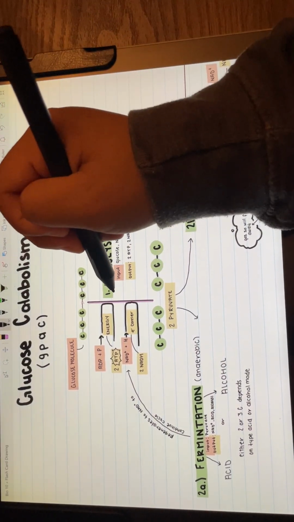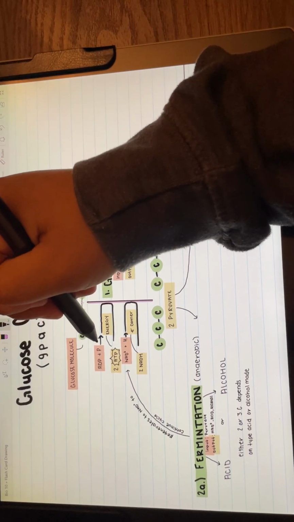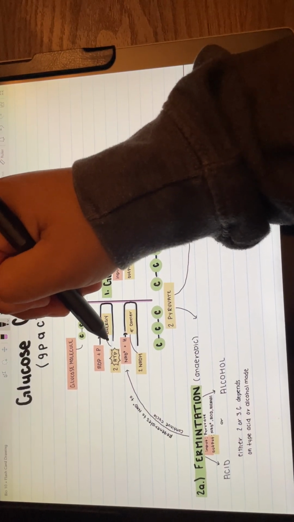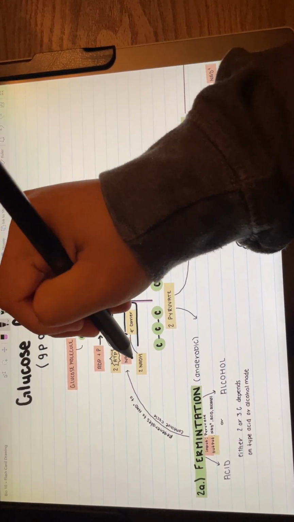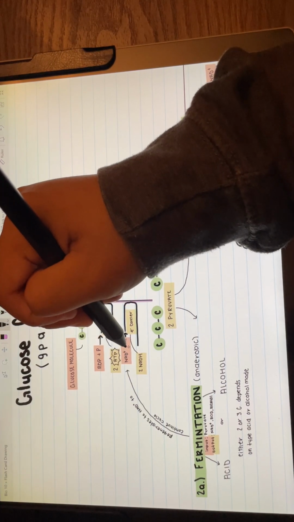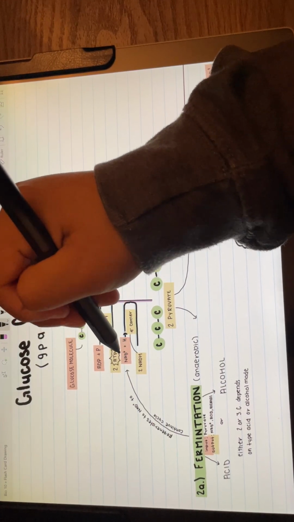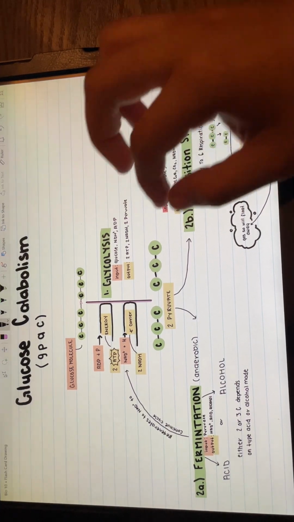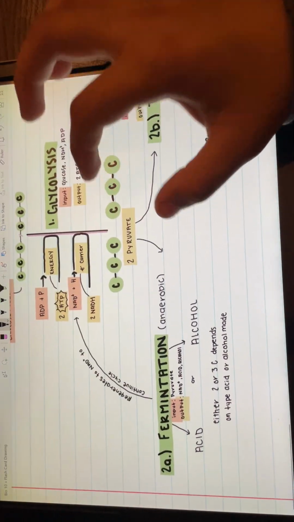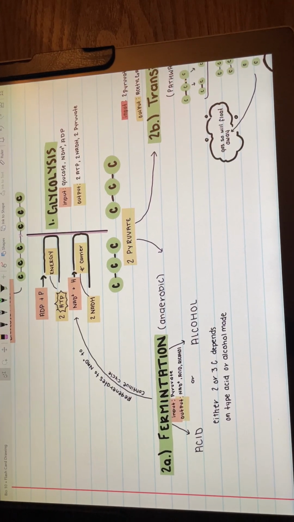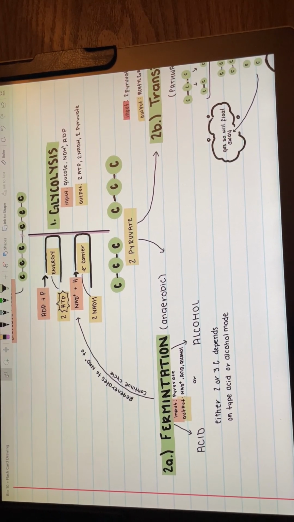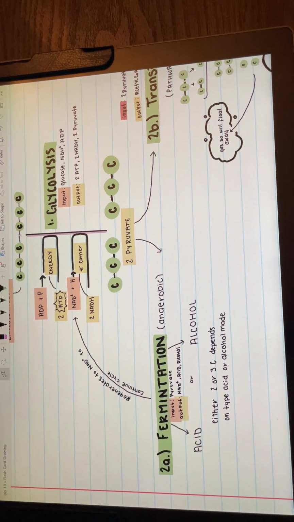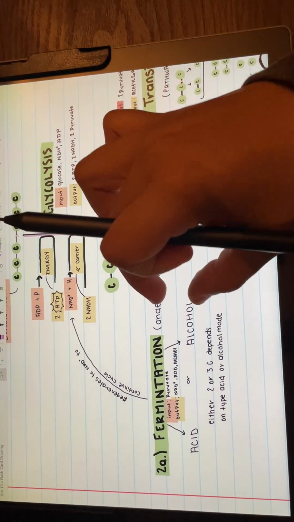We can see that in that process, ADP turned into ATP, our main goal here, and NAD plus turned into NADH. And NADH is an electron carrier, which is also extremely beneficial in glucose catabolism. So depending on the cell, it will either go through the transition step or it will go straight into fermentation.